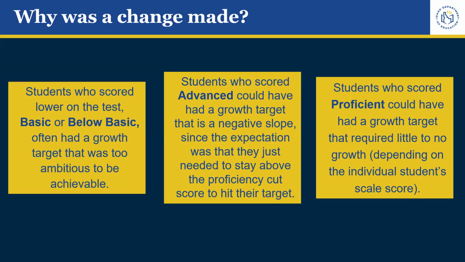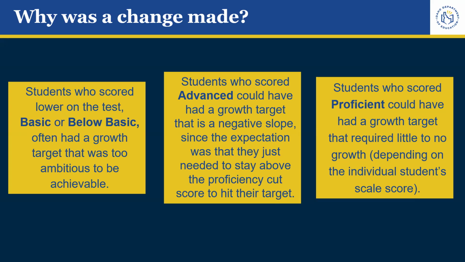Based on stakeholder feedback, we believe that the new growth model will provide more equitable and realistic growth targets for all of Idaho's students. In the former model, goals were often too ambitious to be realistic for students who received a below basic or basic score on the ISAT.